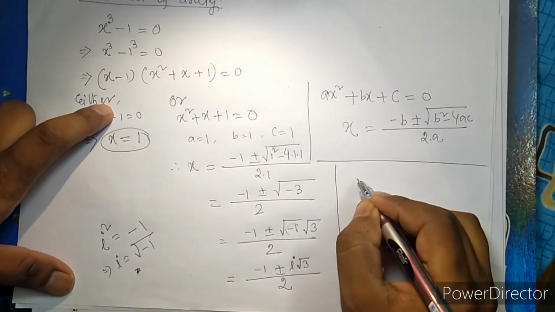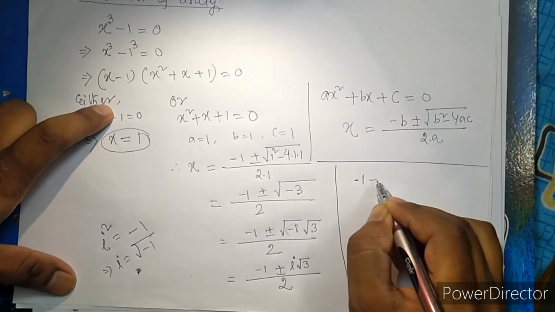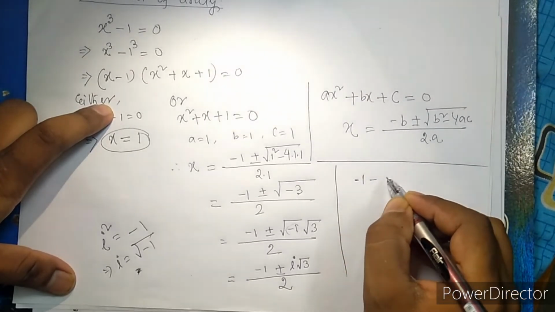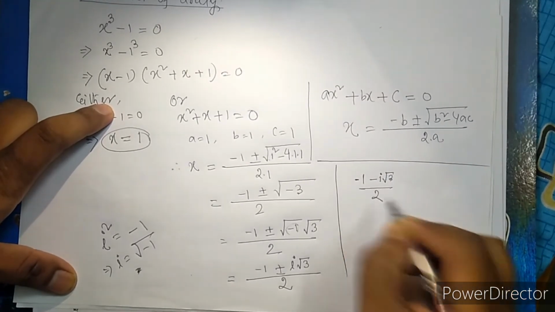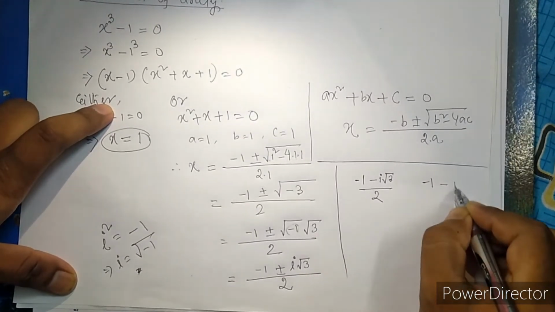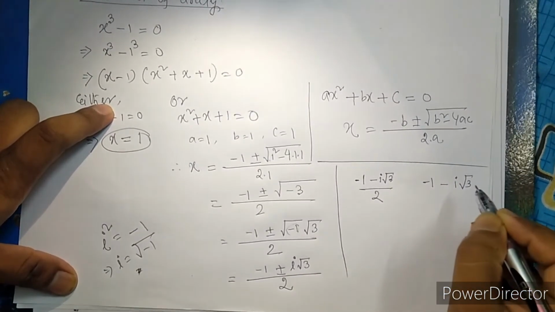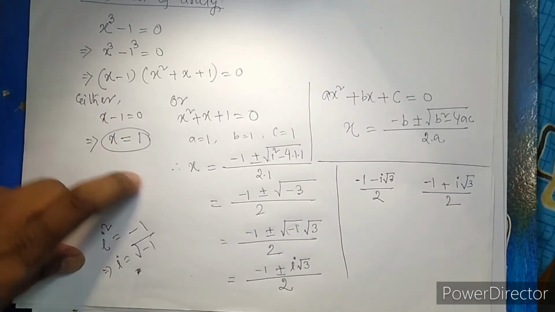So we have another 2 roots. One root is minus 1 minus i root 3 divided by 2. Another one is minus 1 plus i root 3 divided by 2. So we have 3 roots.